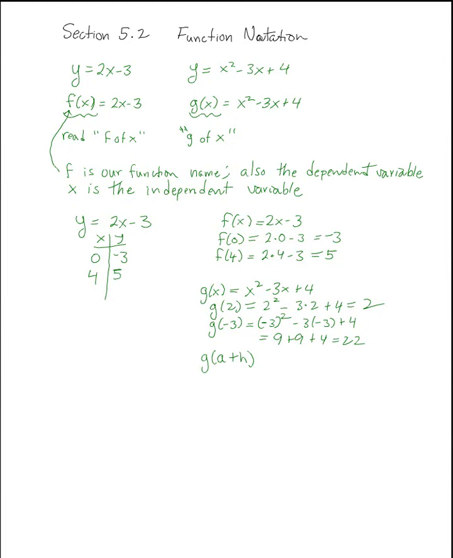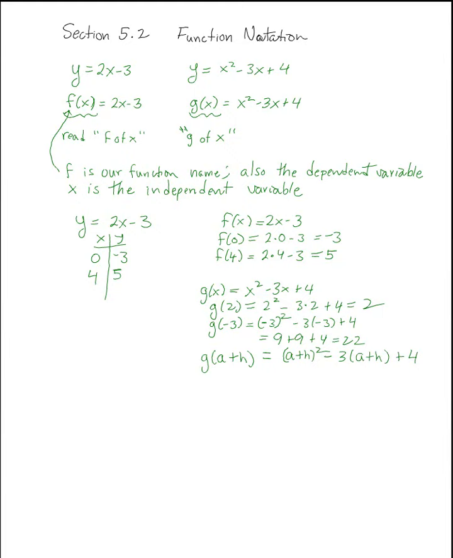G at a plus h simply means go to my g formula, don't write the letter x anymore, write a plus h. So I'm going to have a plus h squared minus 3 times a plus h plus 4. I'm going to leave my answer just like that. I didn't see any directions that told me I had to simplify, so I'm not going to.